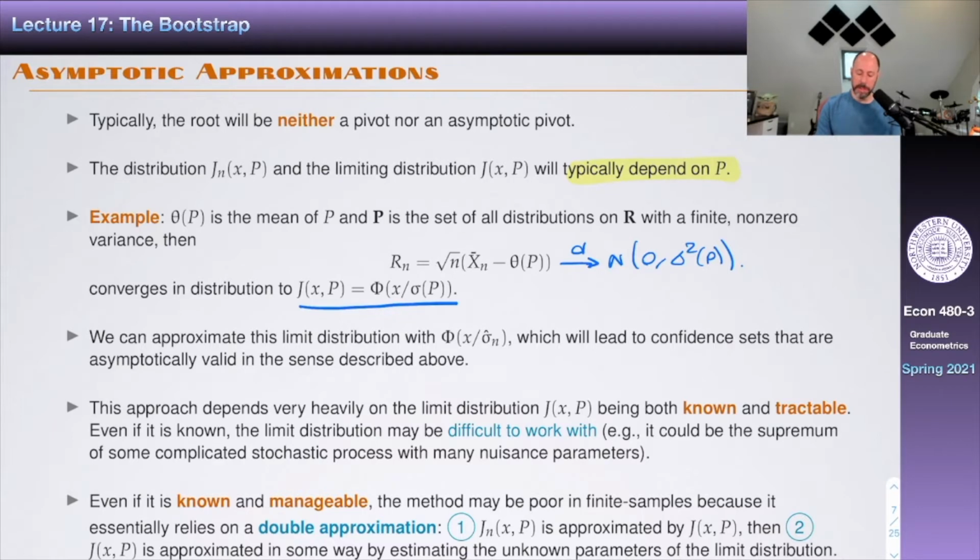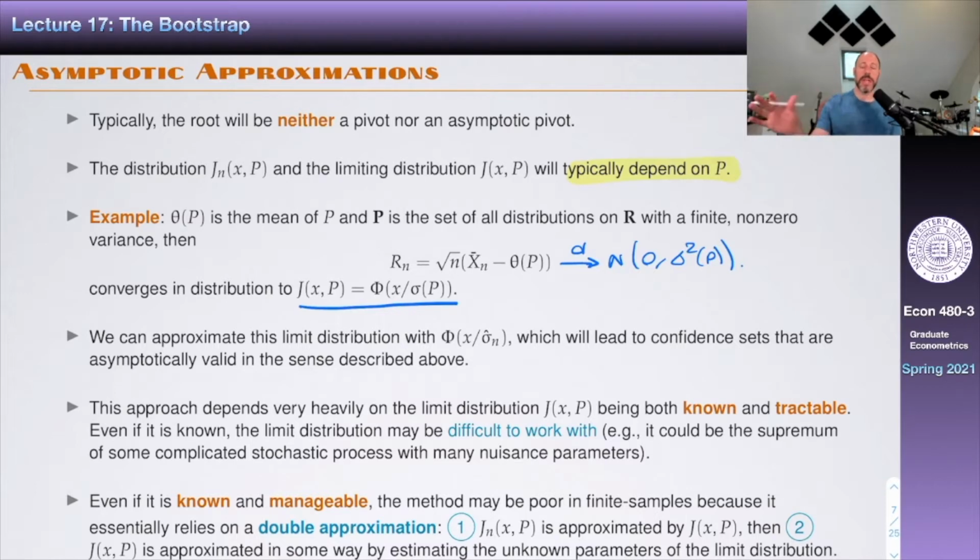What you typically do is, as I wrote here, approximate this limit with the CDF of a standard normal, and you replace the object that you don't know, sigma P in this case, by sigma hat n. And this is going to lead to confidence sets that are asymptotically valid in the sense that we described before. This is called, as I wrote here in the title, an asymptotic approximation.